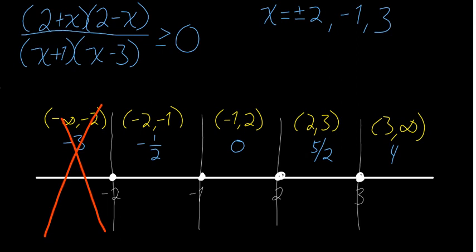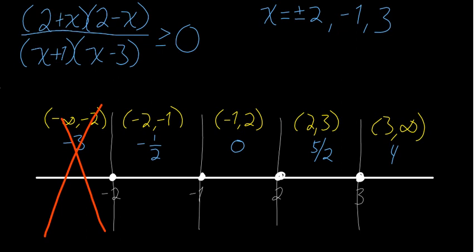Next, we're going to have negative 1/2. So 2 minus a half, that's going to be a positive. 2 minus a negative 1/2 is also going to be positive. And then a negative 1/2 plus 1, that's going to be a positive. And then we've got a negative 1/2 minus 3, and that's going to be a negative. I feel like I did something wrong there. Hang on one moment.